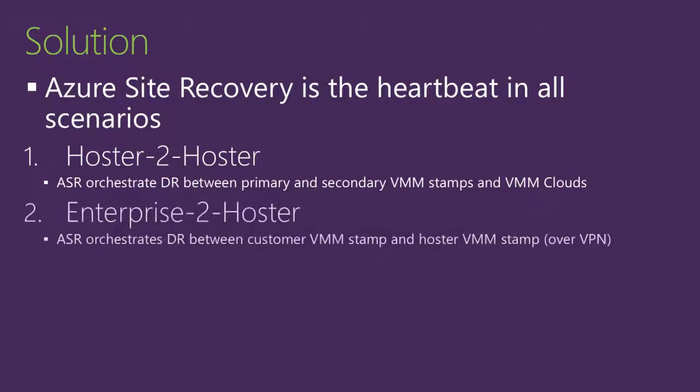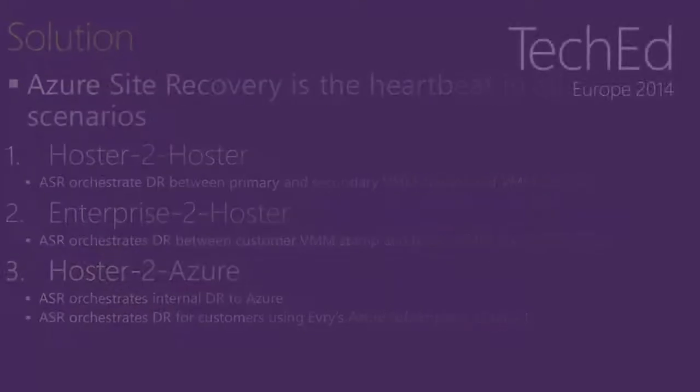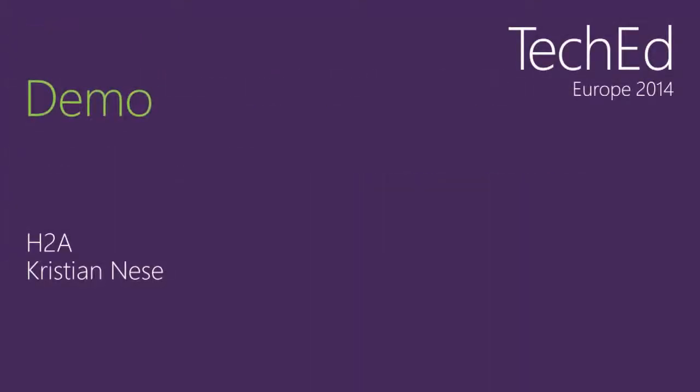For the enterprise to hoster, same experience. We are pointing to Microsoft Azure as a target. And for the third one, the hosted to Azure, we orchestrate internal DR to Azure as well as for customers into their dedicated subscriptions. So with that, I will jump into a demo.